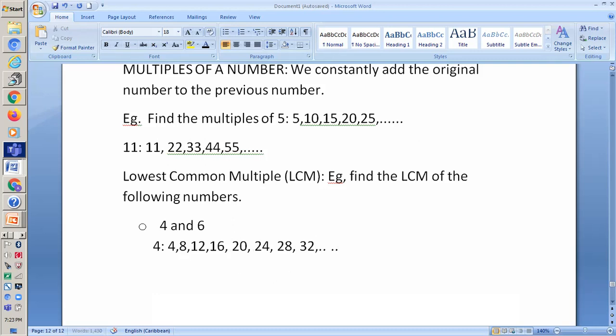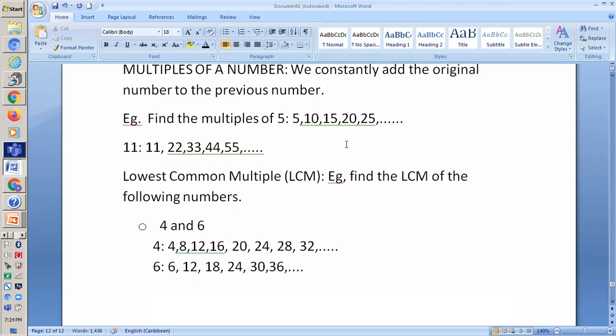Then the multiples of 6 are 6, 12, 18, 24, 30, 36. Let's stop there.